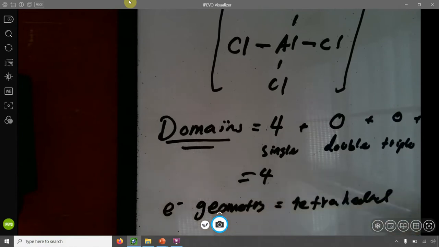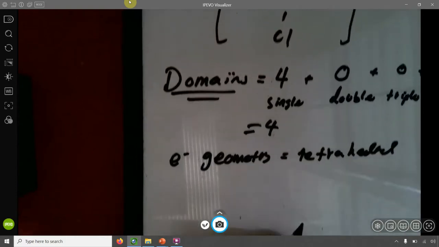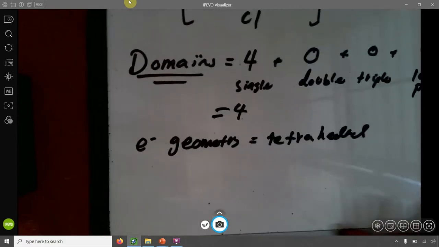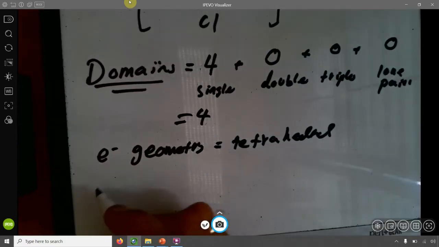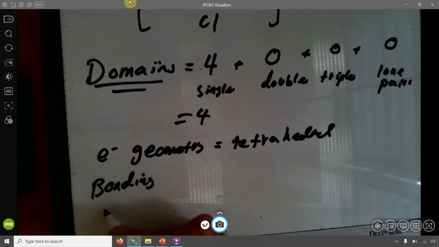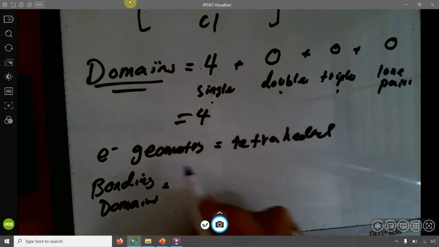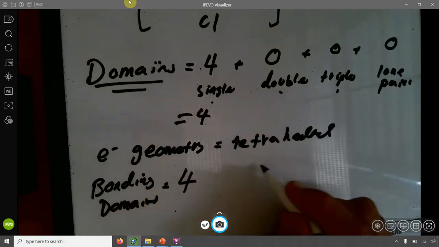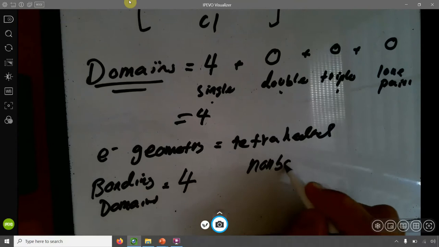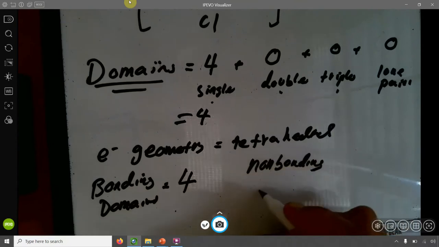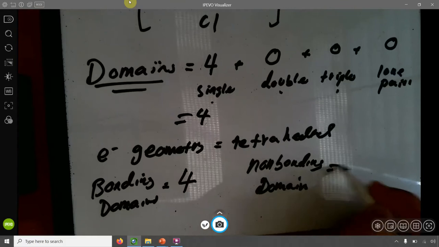Great. Now I want to look at my bonding domains. My bonding domains, well, that's just single plus double plus triple. That's 4. And my non-bonding domains, that's the number of lone pairs. 0.